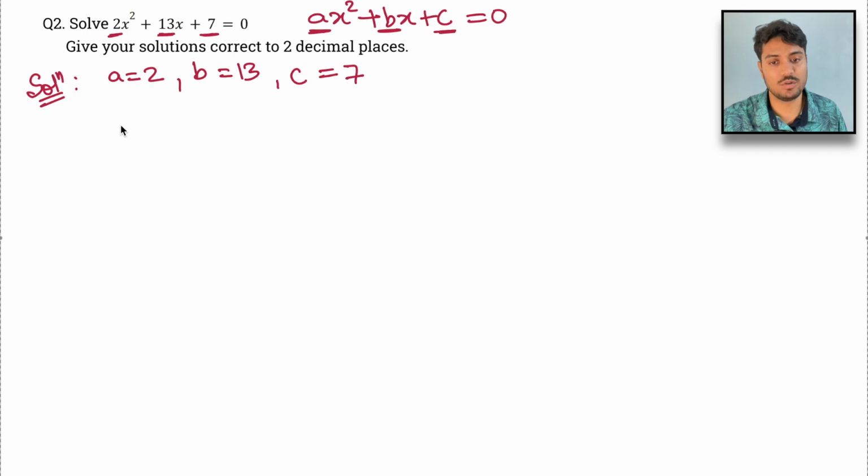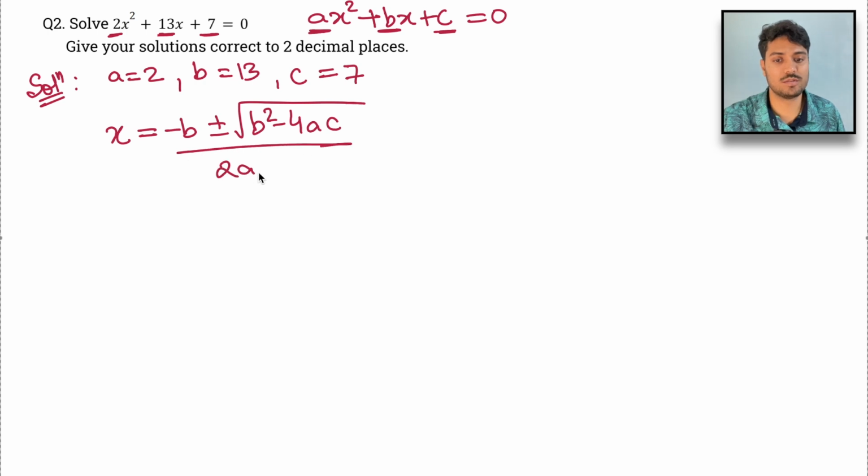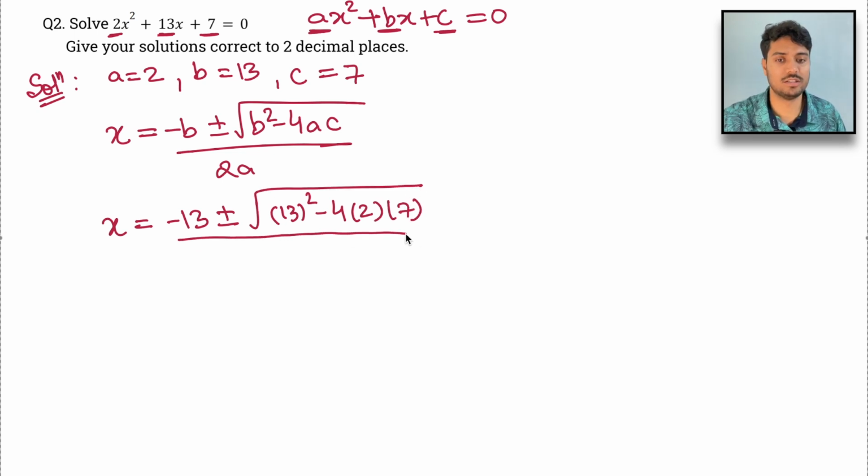Now again we will substitute the values in the formula, which is x equals minus b plus minus under root of b square minus 4ac, divided by 2a. So let's quickly substitute the values. Minus 13 plus minus under root of 13 square minus 4 into a into c, whole divided by 2 into a. This time a is 2, so 2 into 2 is 4.